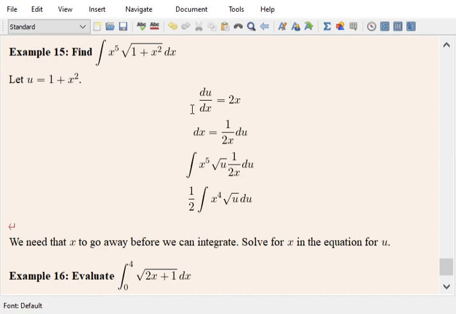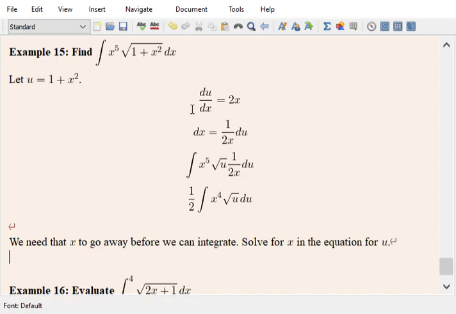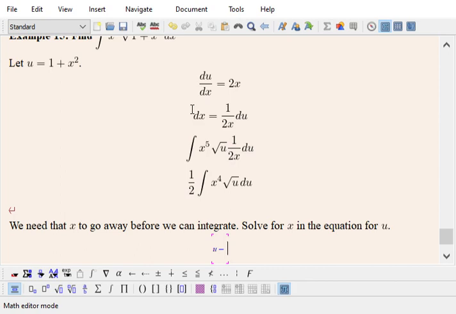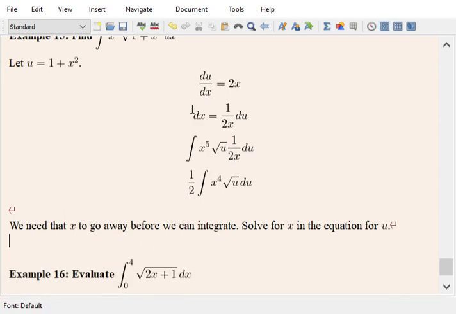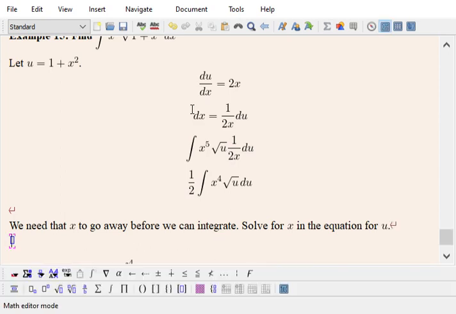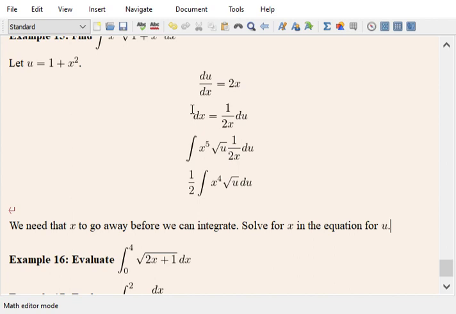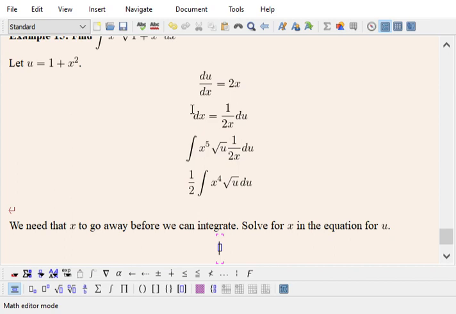Because then we'll have x in terms of u. Like, why not? So, yeah. If you solve for x in this equation here, x is equal to square root of u minus 1.